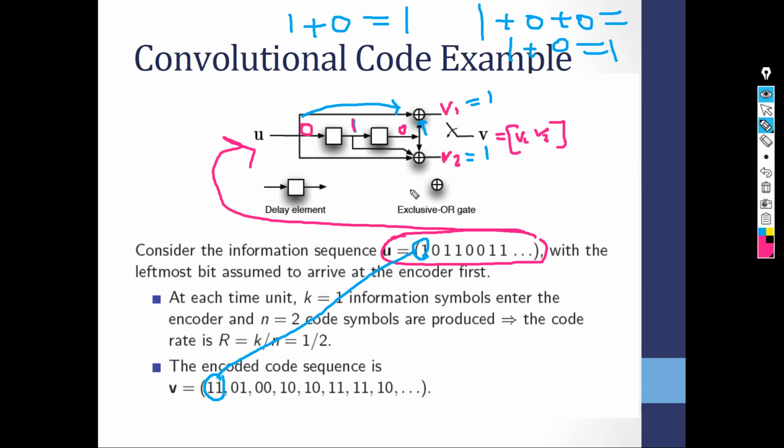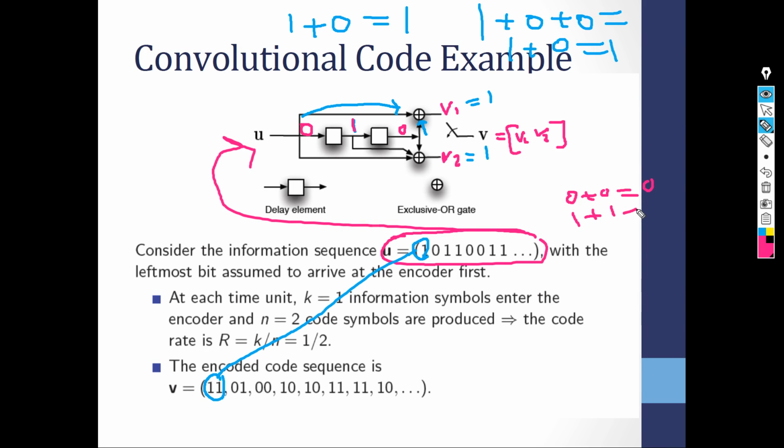So now you need to determine the values of V1 and V2 again. How do you determine V1? For V1, you take the bit at this position and the bit at this position. The bit at this position is 0 and the bit at this position is 0. 0 XOR 0 is equal to 0.